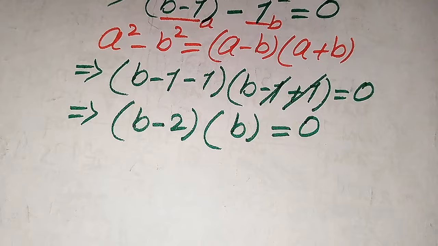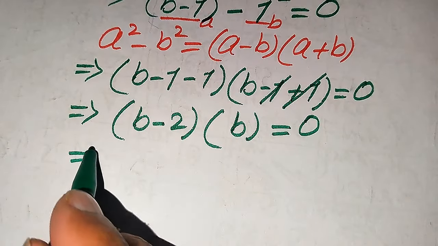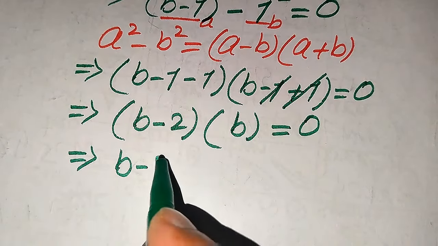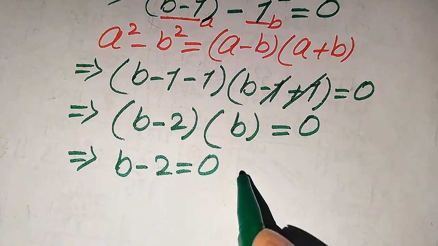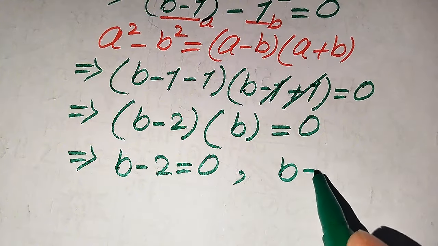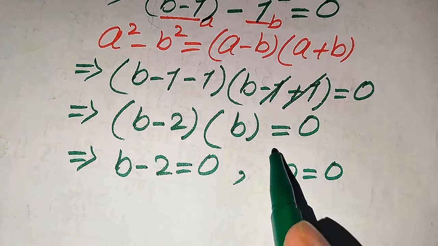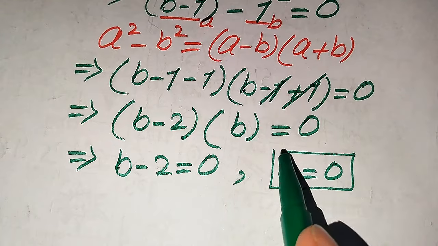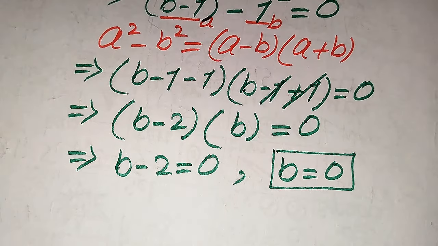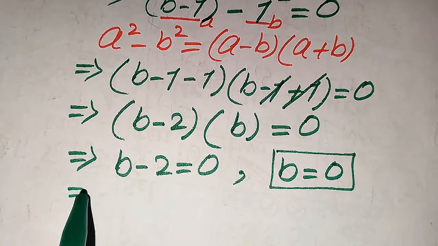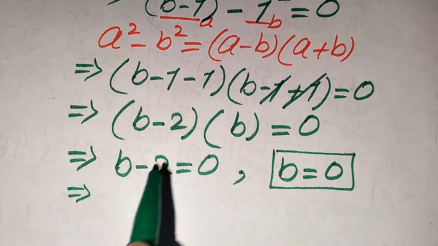And now further in the next step, we need to divide this equation into two cases. The first case is we write b minus 2 is equal to 0, and the second case is we write b is equal to 0. So this is our first root of the given equation, and from the first case we get the second root.